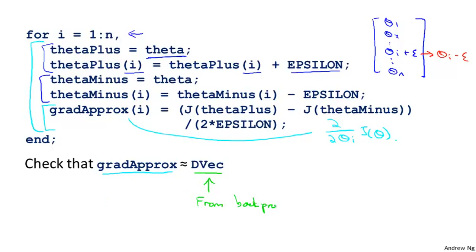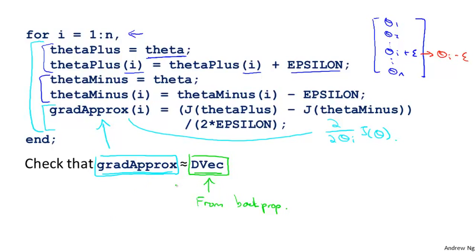Backpropagation was a relatively efficient way to compute the partial derivatives of our cost function with respect to all of our parameters. And what I usually do is then take my numerically computed derivative, that is this gradApprox we just had from up here, and make sure that it is equal, or approximately equal up to small values of numerical round-off, to the DVec that I got from backprop.